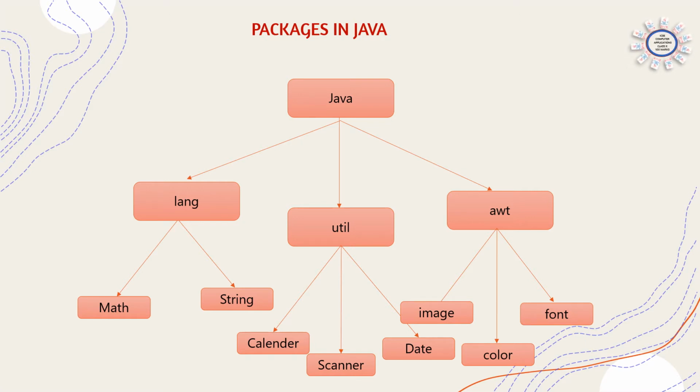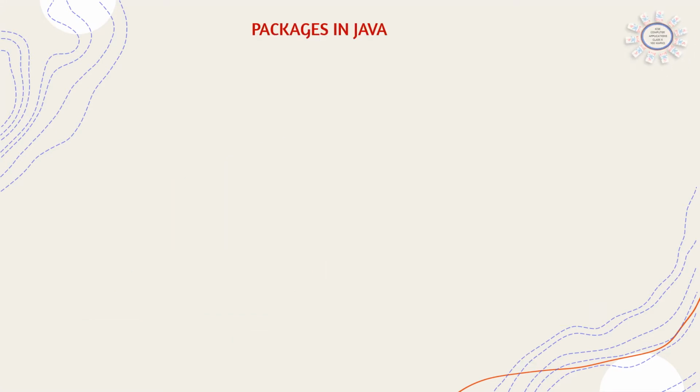And in AWT, java.awt.image.Color and java.awt.Font. So packages are stored inside Java and classes are inside these packages, which we will be using in the programs. Now we understood what is a package and how packages and classes are arranged inside Java.